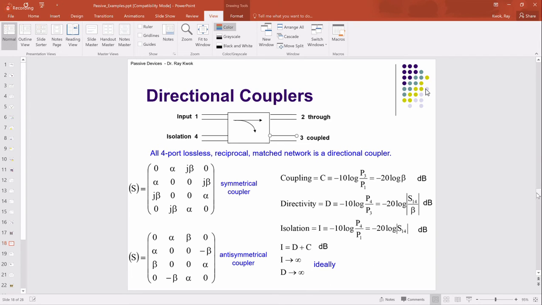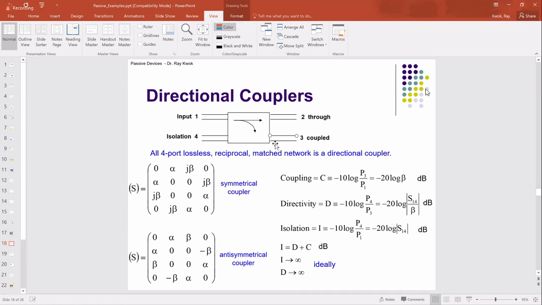Could the directivity also be the log of port 4 over port 2? No, not necessarily, unless it's an equal 3 dB split.